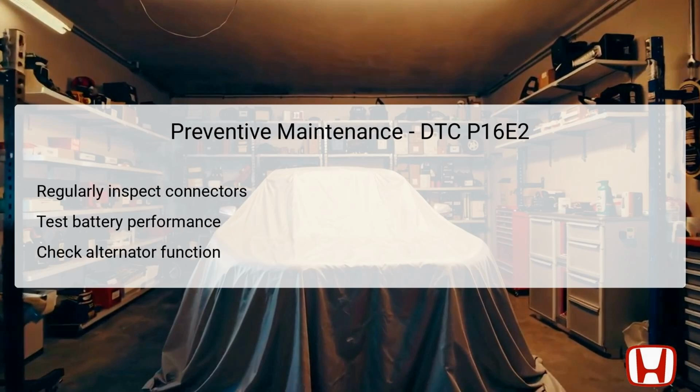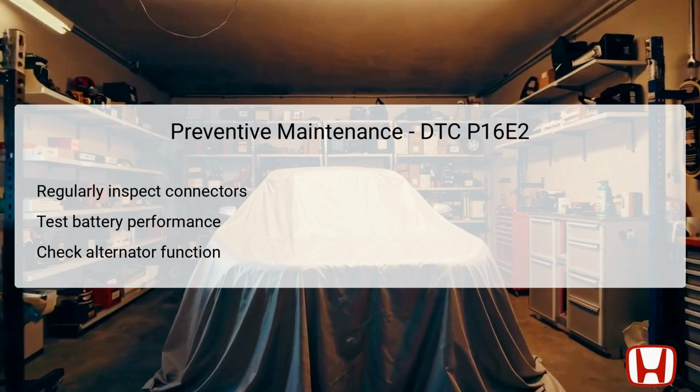To prevent potential future occurrences of DTC P16E2, it's advisable to implement regular preventive maintenance checks. This includes routinely inspecting all electrical connectors for signs of wear, corrosion, or looseness, as these are common culprits in communication failures. Additionally, ensure timely testing of the battery's performance, including load testing, to verify that it can hold a charge and deliver adequate power to the vehicle's systems.